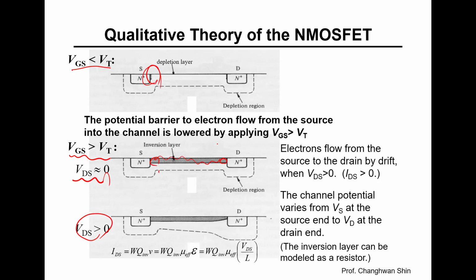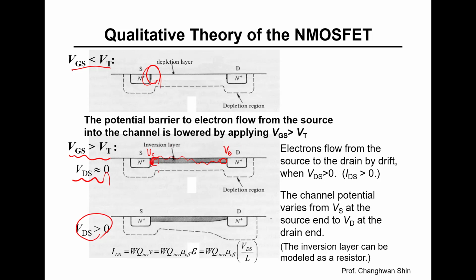As we apply a positive VDS, electrons flow from source to drain by drift. The channel potential varies continuously from Vs at the source end to Vd at the drain end. So imagine a pipe that gradually narrows from one end to the other end, affecting the water flow throughout.